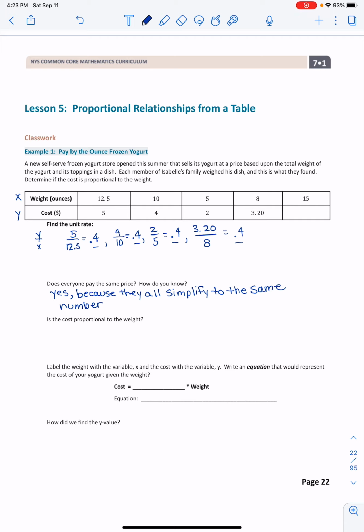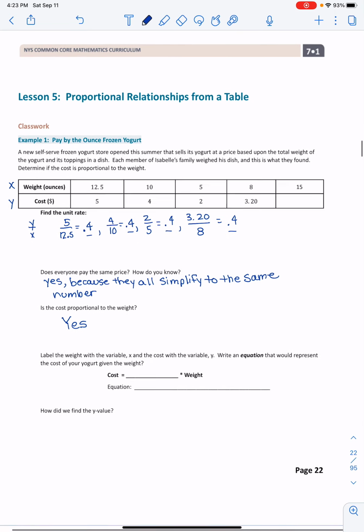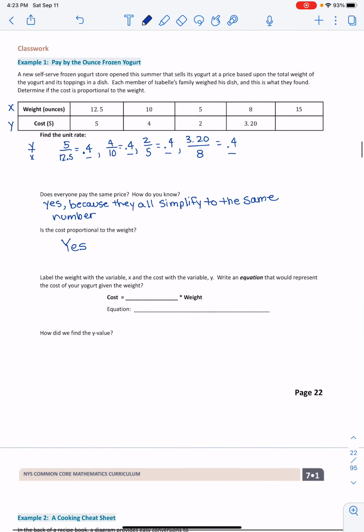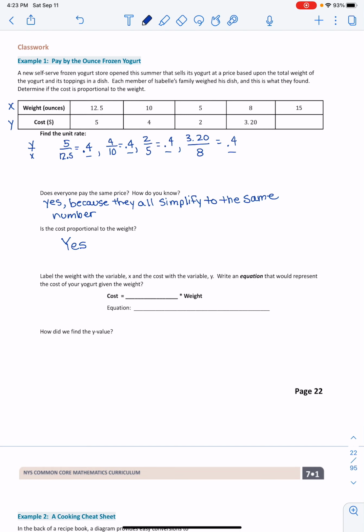It says, is the cost proportional to the weight? Yes. It says, label the weight with the variable X and the cost with the variable Y. Write an equation that would represent the cost of your yogurt given the weight.